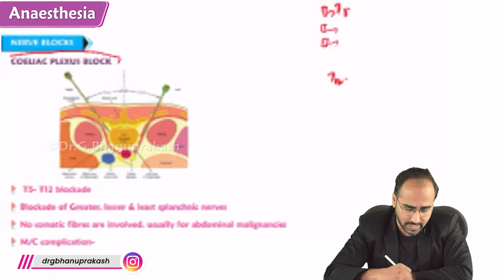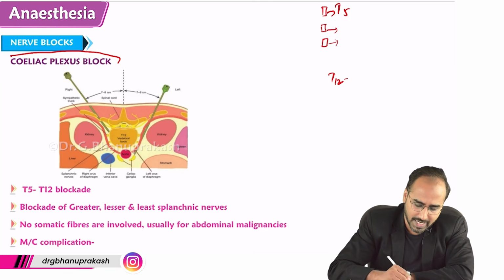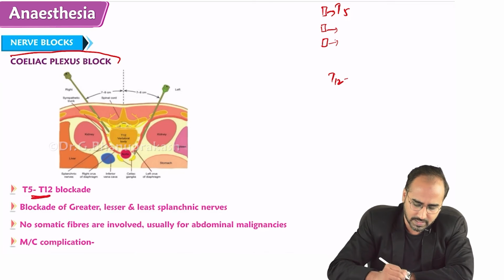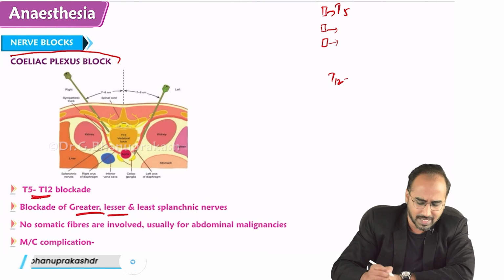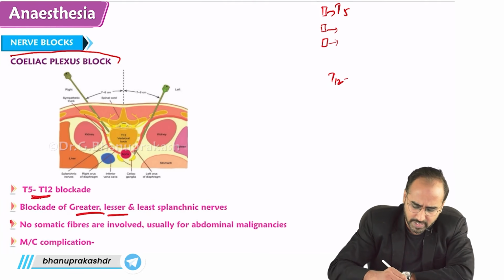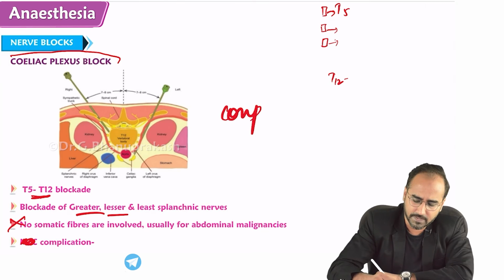Why don't you go routinely? Because the Celiac Plexus comes with complications. I told you Celiac Plexus is present between T5 till T12, where you can block the greater, lesser and the other splanchnic nerves, right? Celiac Plexus indication we have already discussed. Coming to the complication, guys.